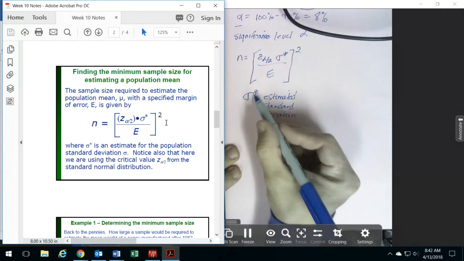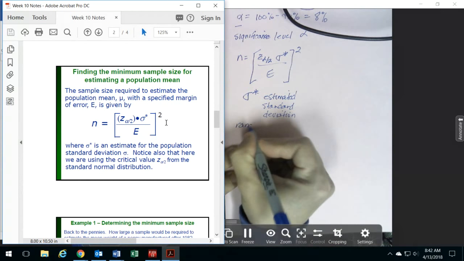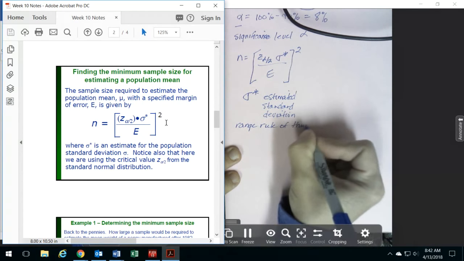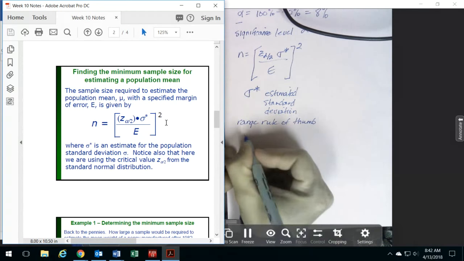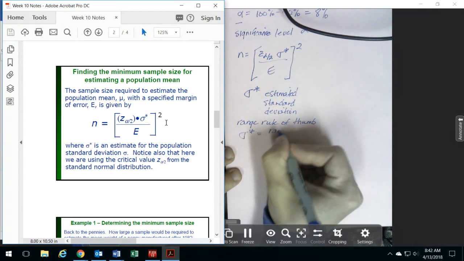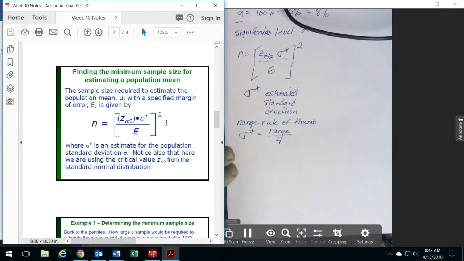So what you need is to really estimate this. And for this, you can use the range rule of thumb, which says that an estimate for the standard deviation is the range divided by 4.